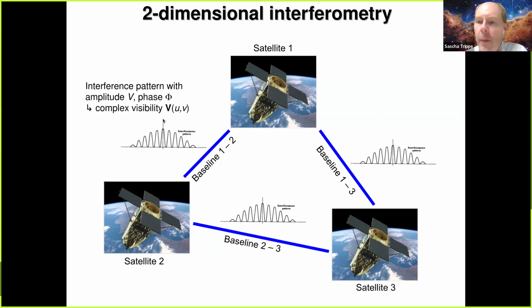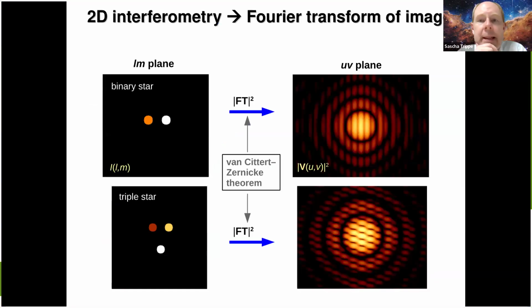This is what we call the complex visibility. If you have 3 antennas, or 3 telescopes, you have 3 baselines, so 3 independent pairs. So you get 3 visibility measurements at any given time. When you have 4 telescopes, you have up to 6 baselines, 6 independent measurements for each point in time.